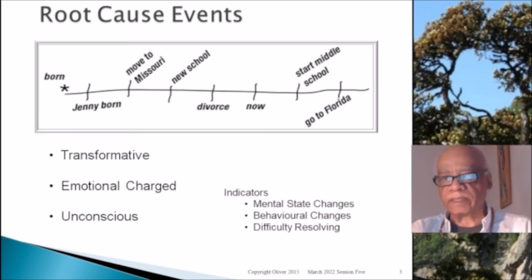The most important thing is that if we can go to that root cause event and neutralize it, then that will free you in the present time. And these root cause events tend to be very difficult to resolve. Why? Because they get suppressed and they are mainly held in the unconscious area of your greater self.